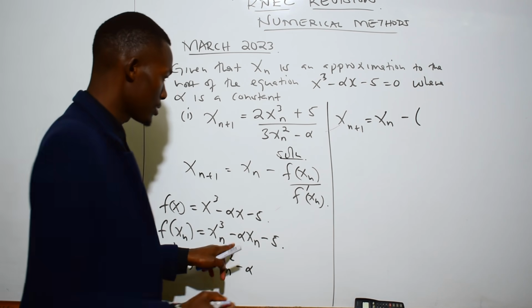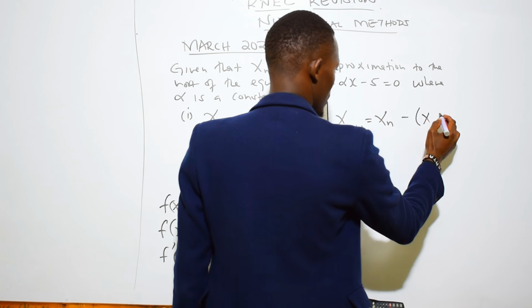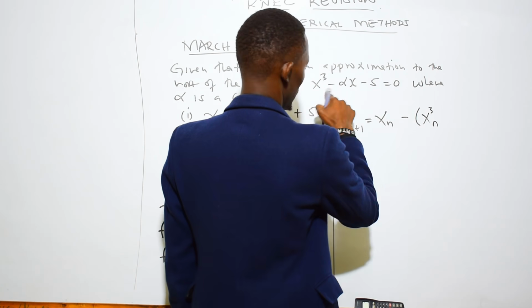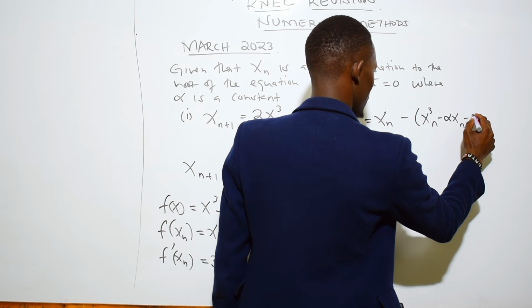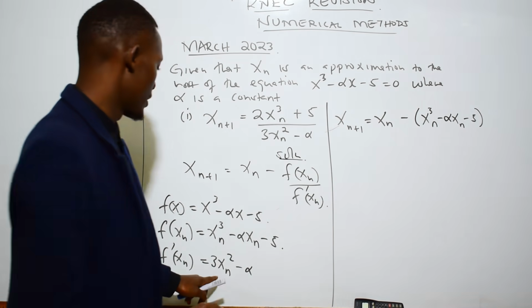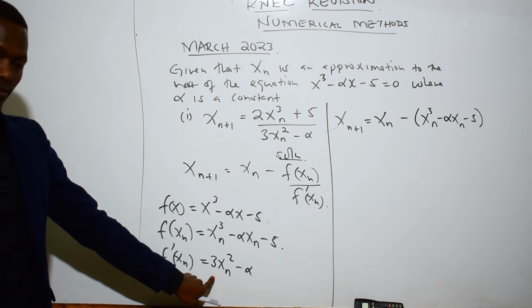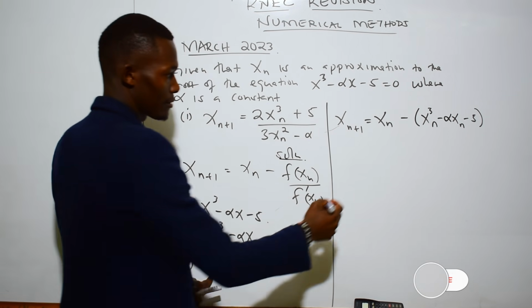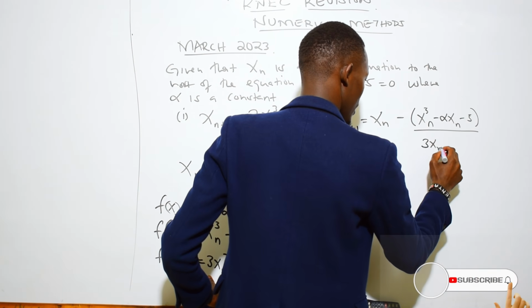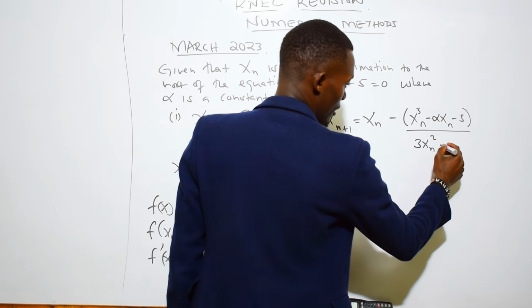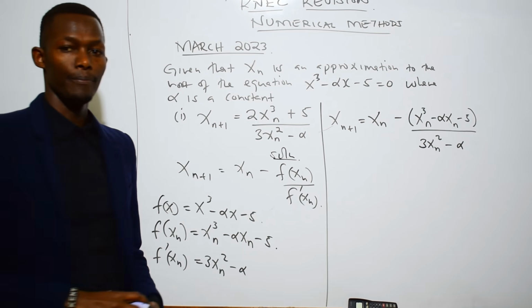So subtract xn cubed minus alpha xn minus 5, over the first derivative, which is 3 xn squared minus alpha.